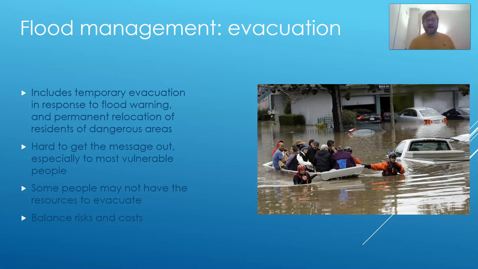So they may not have an internet connection, for example, and so that channel is off limits to them. Or people who are, say, immigrant communities that don't speak fluent English, and so they may not get the message if it's in English, but they speak a different language. So the most vulnerable people are often the hardest people to reach with this message to evacuate in case of a flood.